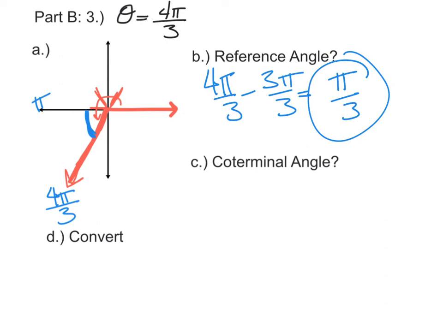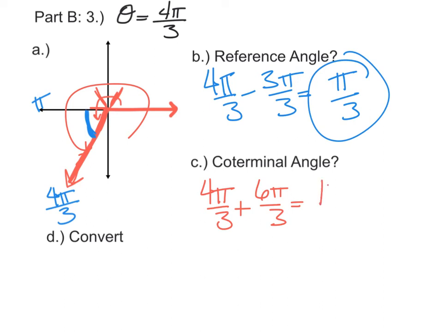To find a coterminal angle, again, we're going to take the terminal side and spin it around the circle one more time. In terms of radians, that's going to mean that we start with 4 pi over 3 and add one more trip around the circle. In radians, a trip around the circle is 2 pi, or 6 pi over 3.